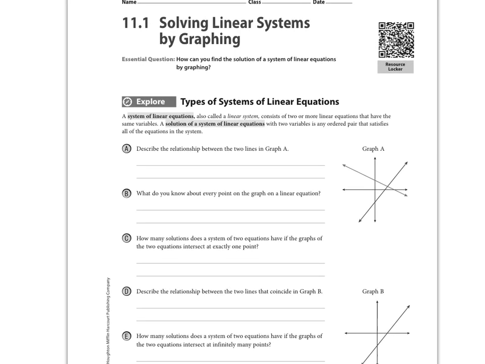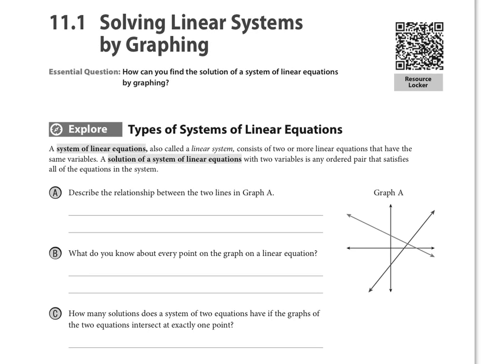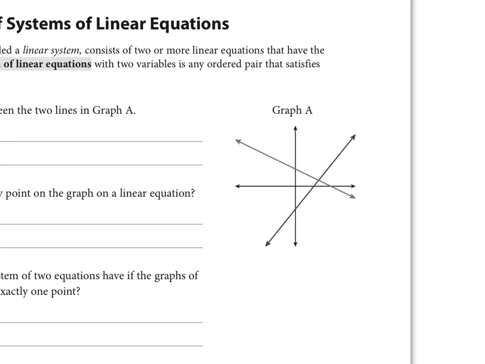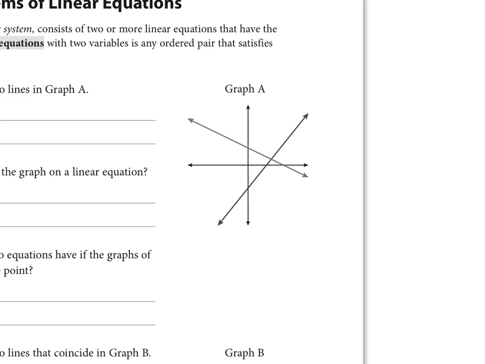So let's first look into what a system is. What's a linear system? When I say a system of things, we're talking about two or more of those equations. The solution to the system means we're looking for a point that is on all of the lines we're looking at. If you take a look at this graph A right here, you can see the two lines.